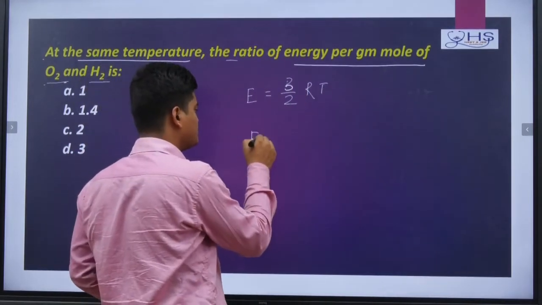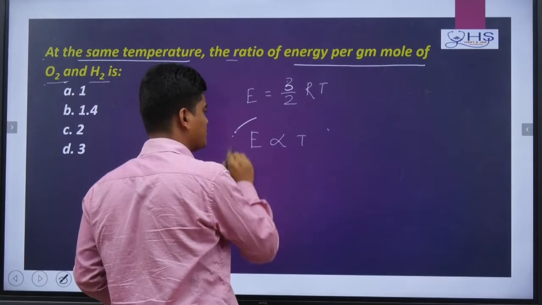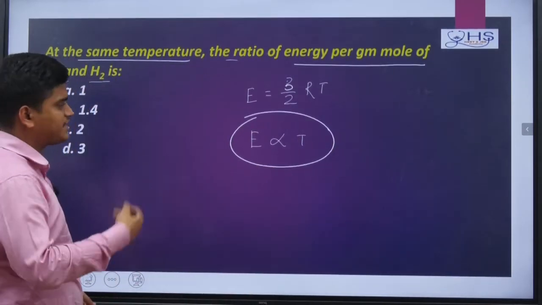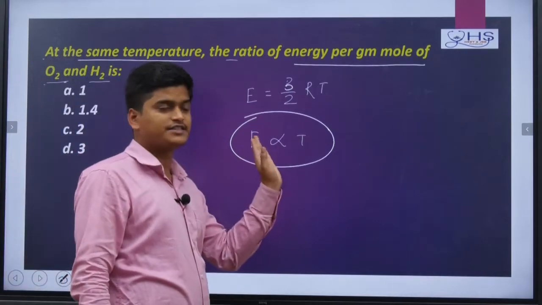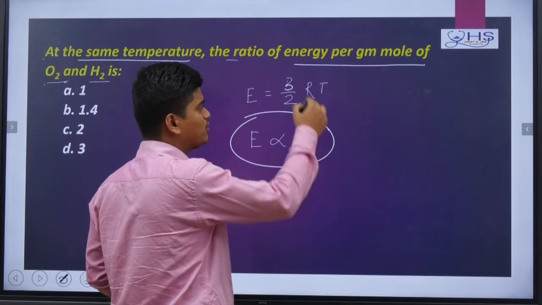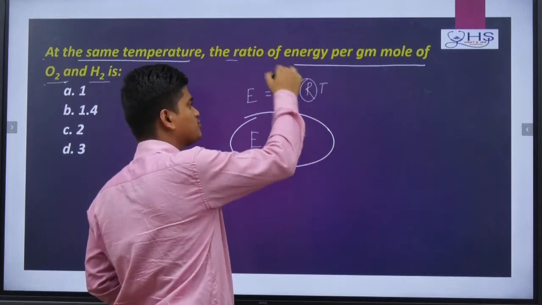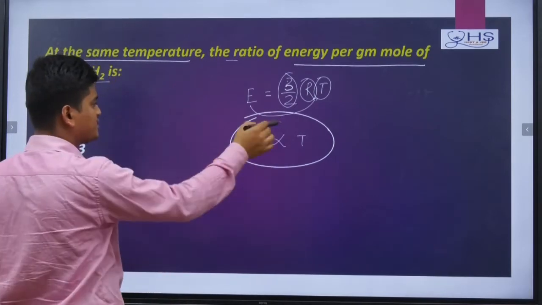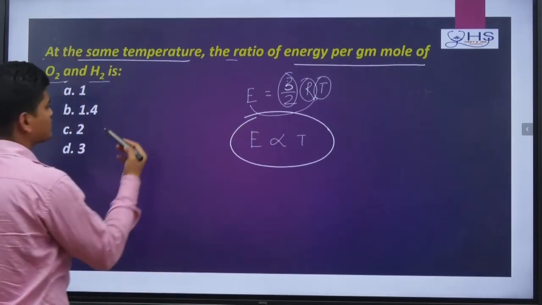That means the energy of the gas molecule depends on temperature, directly proportional. Okay. That means if you change the temperature, then only energy can change, because R is a constant, that is called the universal gas constant, and the R value I already mentioned. So this is a constant, this is also constant. So energy only depends on T. So if the temperature changes, then energy can change. So in this case what will happen?